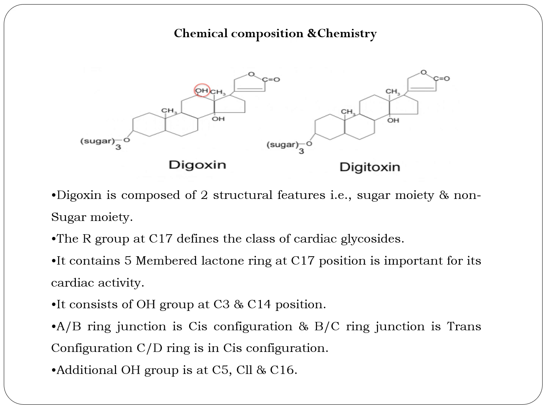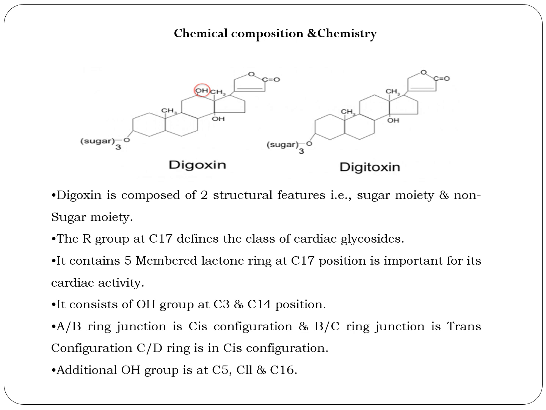Digoxin is composed of two structural features, that is, a sugar moiety and a non-sugar moiety. The R group at C17 defines the class of cardiac glycosides. It contains a 5-membered lactone ring at the C17 position, which is very important for its cardiac activity.